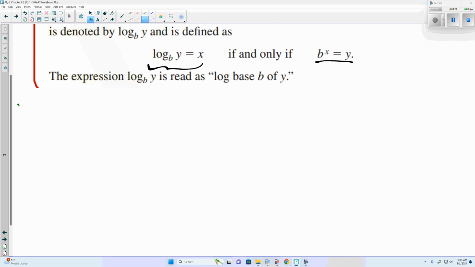And a logarithm in our exponential follows this here. Log base b of y equals x if and only if b to the x is equal to y. So we can change from one form to another and go back and forth with these here.